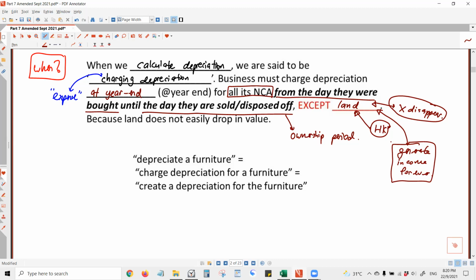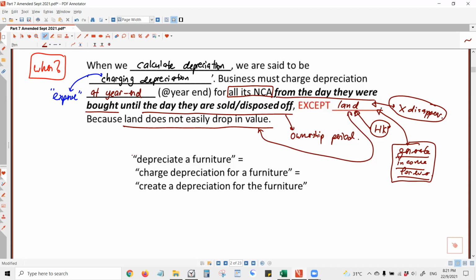That's the reason. You may also say that land doesn't easily drop in value. So far I've not seen questions that ask you why you don't have to charge depreciation for land, but it is possible for it to come up. They may ask you why we don't charge depreciation for land, because it can help us generate income forever. It's free forever once you have bought it.